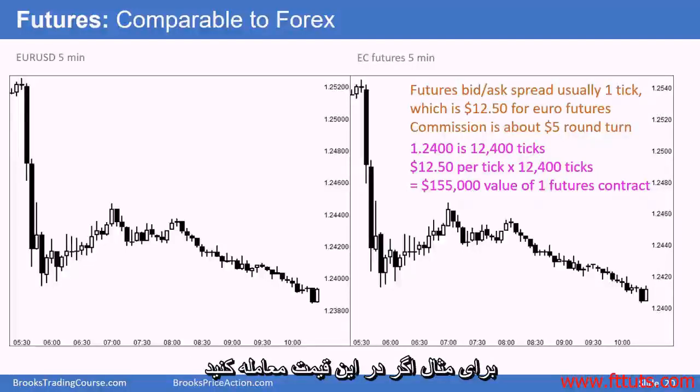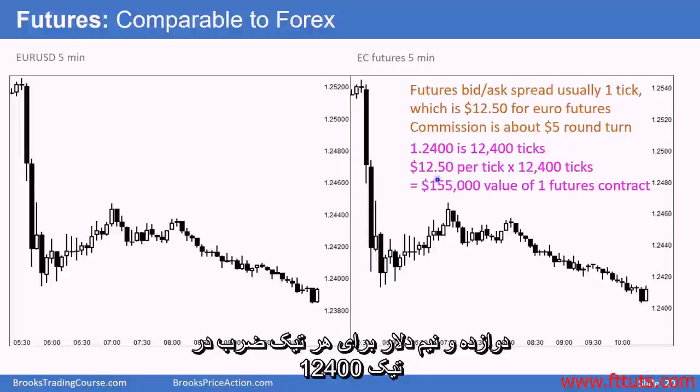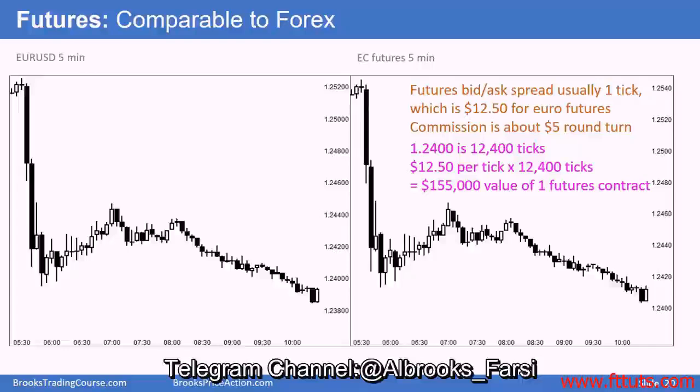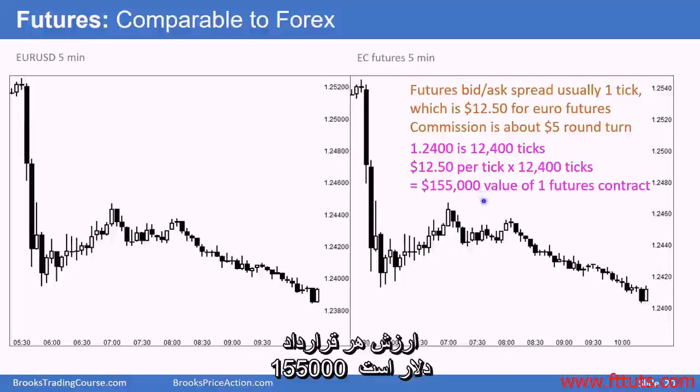So let's say you're trading at this particular price. You got 1.24, which is 12,400 ticks, times $12.50 a tick. So the value of this Euro futures contract is $155,000. Every contract is worth $155,000.